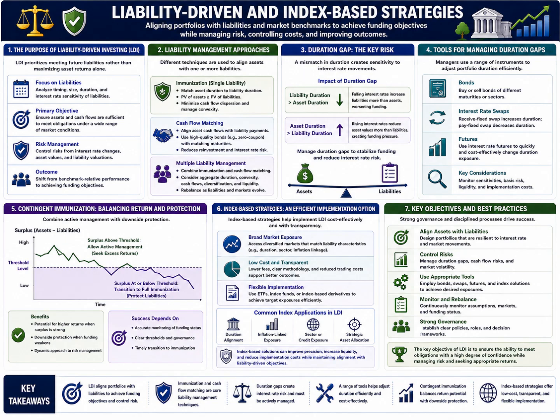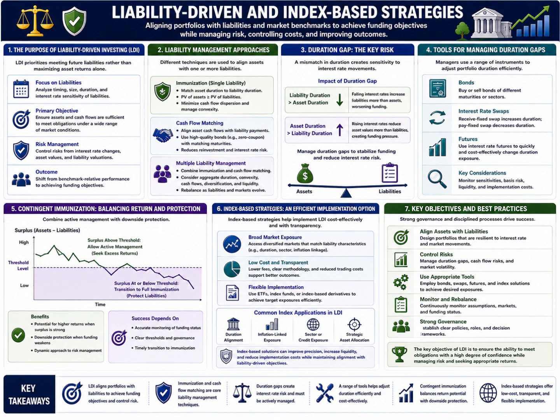Cash flow matching represents a more precise liability management strategy. Under this approach, portfolio cash inflows are structured to coincide exactly with expected liability payments. Managers often use high-quality bonds, particularly zero-coupon securities, whose maturities align with liability dates.